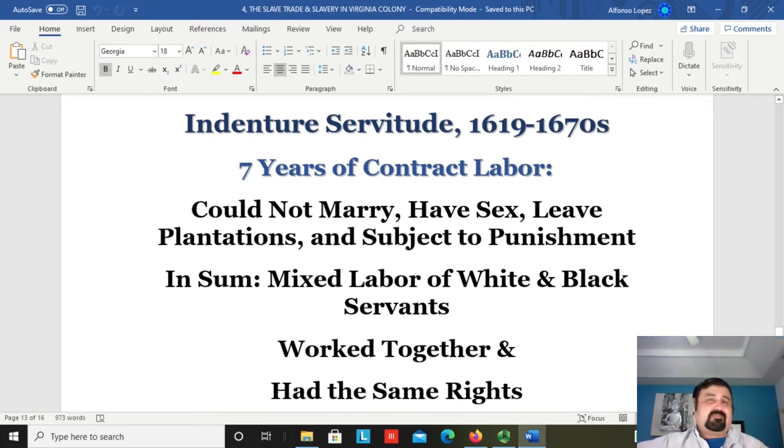You will be a free person, and the company is going to give you land so you can grow tobacco for the company. So by that time, after 7 years of labor, you'll know everything about this trade. You'll know how to grow tobacco. You'll be a master planter. Once again, a very, very attractive proposal.